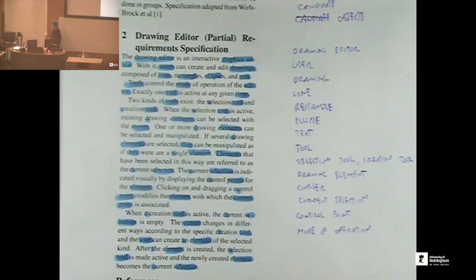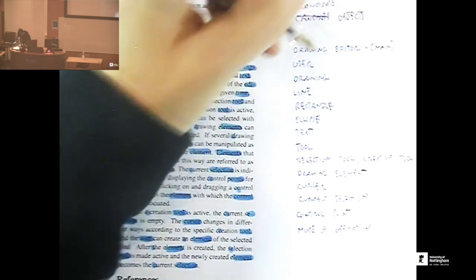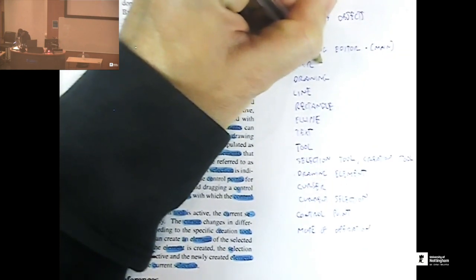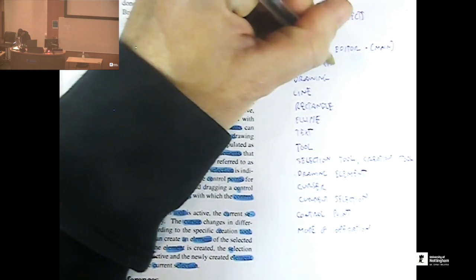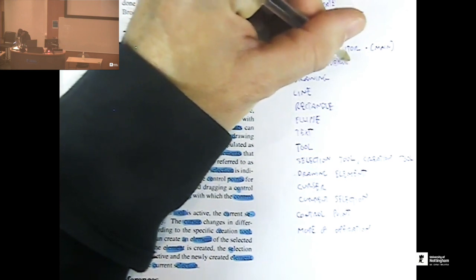Now, thinking a little bit ahead, that's the basic exercise, it's finished. But thinking a little bit ahead to the next steps in the object-oriented design process, let's look at these a little bit. So the drawing editor would be a good candidate for main, the main method. User, as we just mentioned, is everywhere. That's an object everywhere.